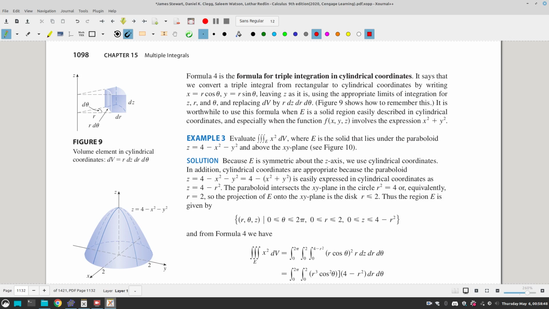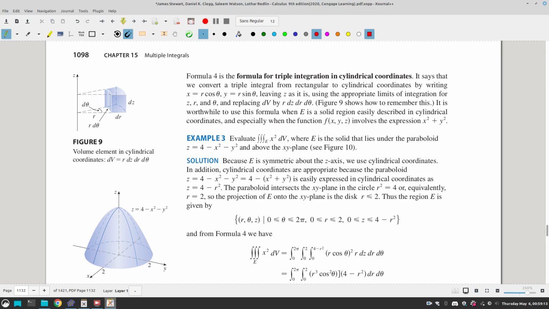The symmetry of E tells us that cylindrical coordinates are the best choice, and you start picking up these symmetries as you practice. So x square. Now, how do we express this region in cylindrical coordinates?